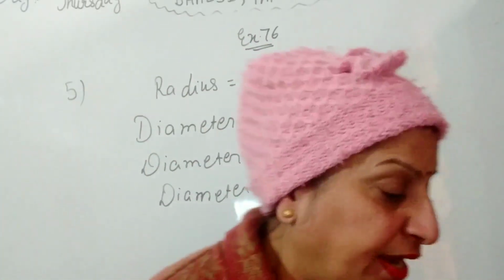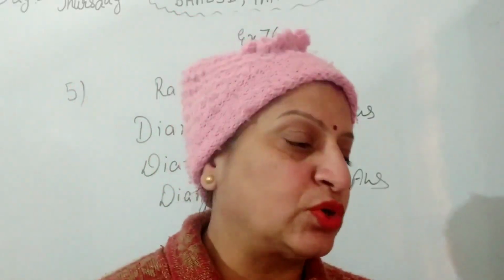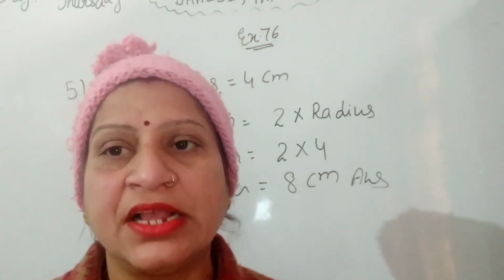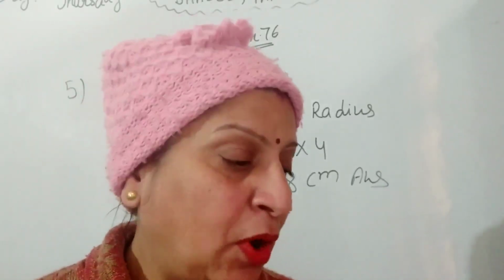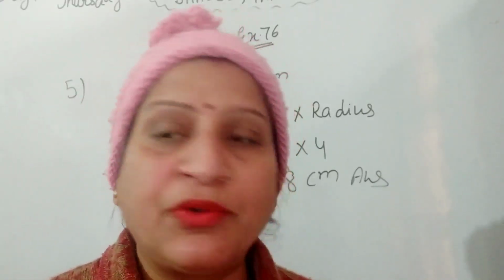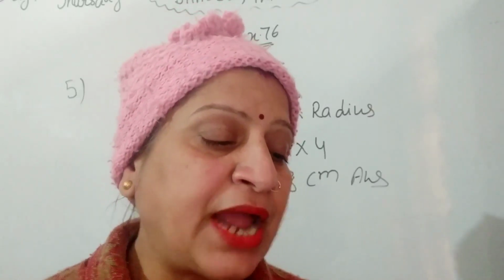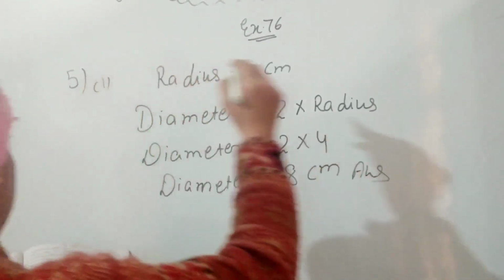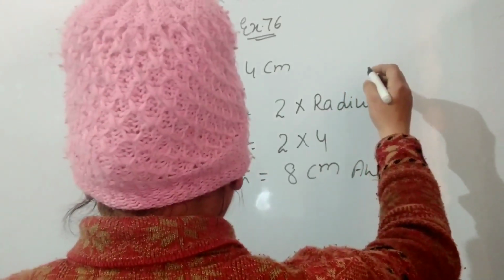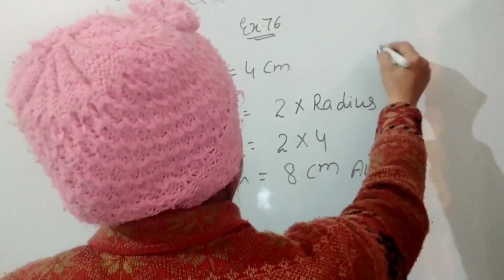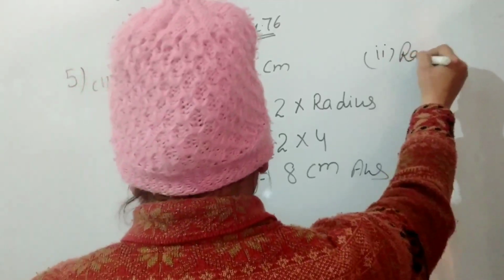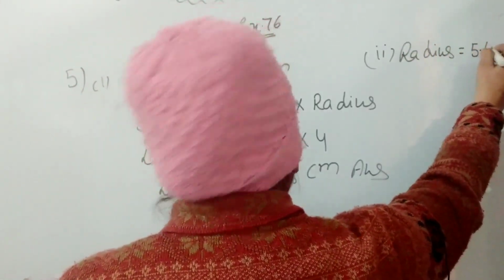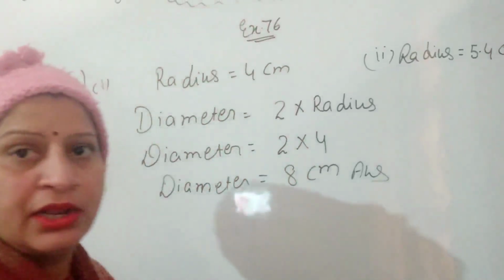Now I explain the next question, and in this question you are given the radius, and with the help of the radius you have to find the diameter. Now we take one more part, and in this part you are given the radius equal to 5.4 centimeter.